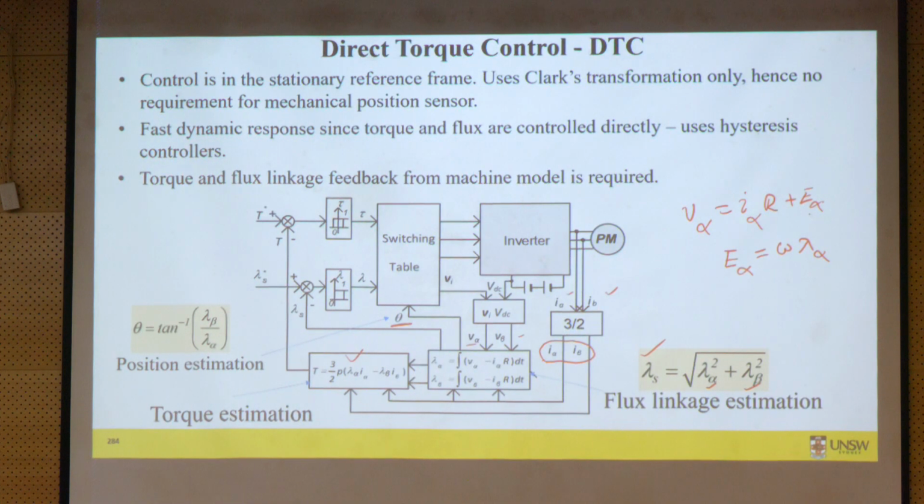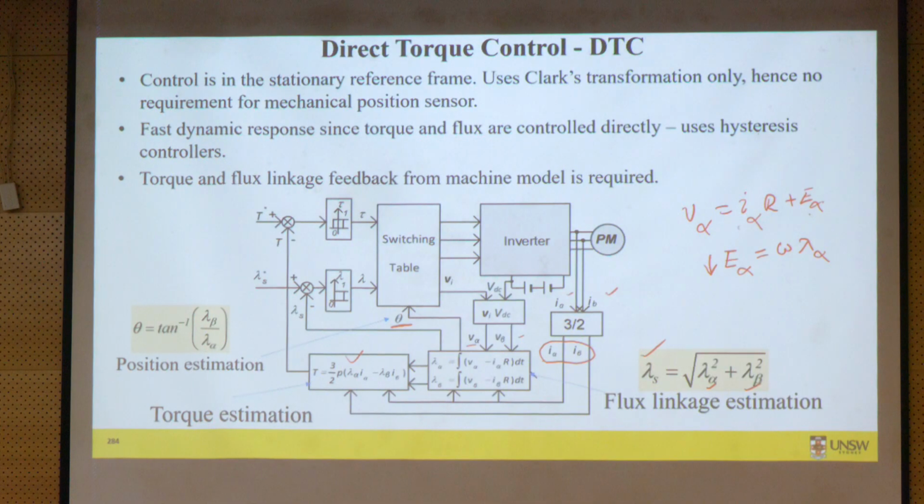So if your speed is low, this component is very, very small. And it could become close to I alpha R, so that means your flux linkage is nearly zero.